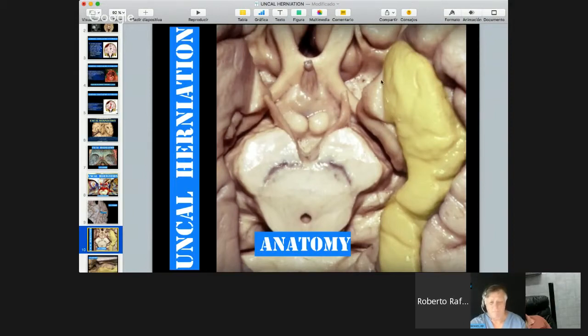This mark is the mark that the free edge of the tentorium produces in the hippocampus. This is in a normal brain. This is the mark of the free edge of the tentorium. And here you can see the close relation between the third nerve and the inner area of the hippocampus.